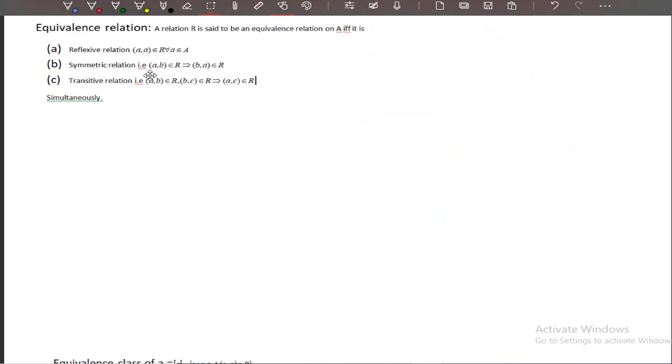Now, one equivalence relation is defined in the set A. What will be the effect of this equivalence relation on the set A? There will be some elements which will be related to a specific element a.